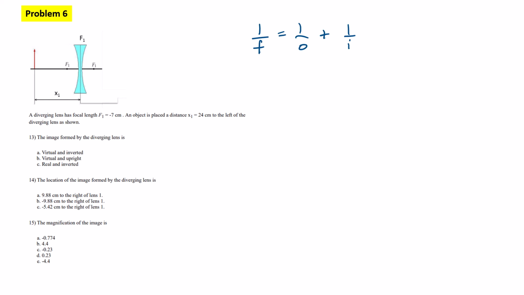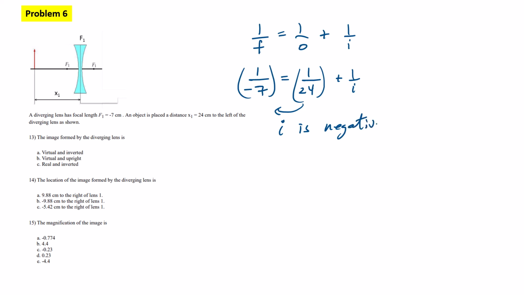So let's go ahead and think about this. I'll just keep everything in centimeters here. We have our focal distance, 1 divided by -7, equals 1 divided by O, the distance of the object to the lens, which is positive 24 centimeters, plus 1 over I. Now you automatically see that the term on the left-hand side is negative. Once I bring this term onto the other side to isolate, I will obtain that I is negative for this problem.